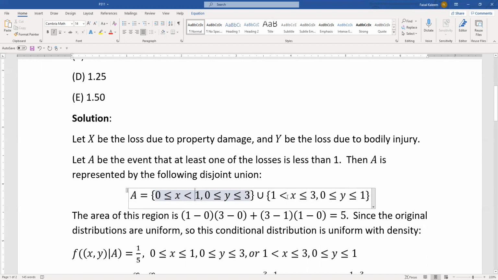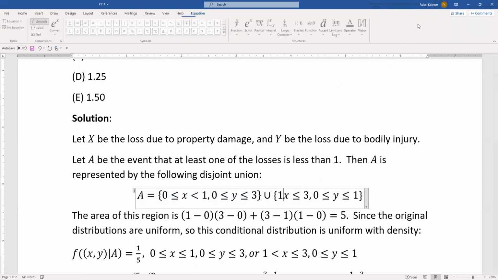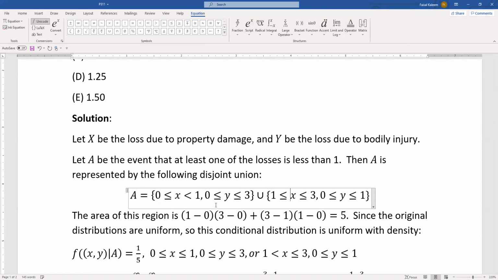Or if X is greater than or equal to 1, then since X is not satisfying the condition of being less than 1, Y has to be less than 1. For calculations, it will not make any difference whichever kind of inequalities you put, because it's a continuous situation. But still, this is the more accurate way of writing this step.